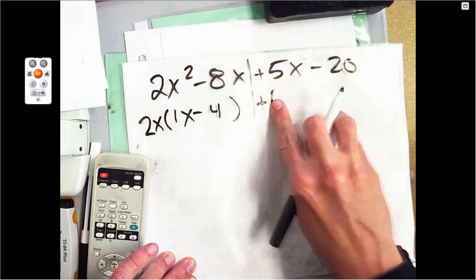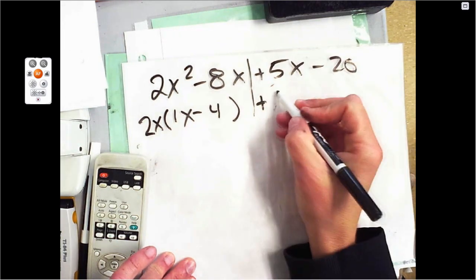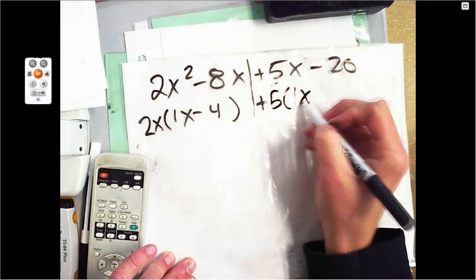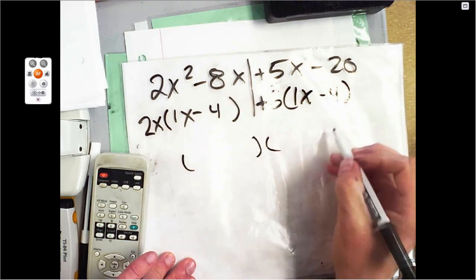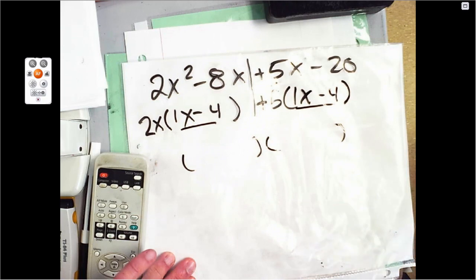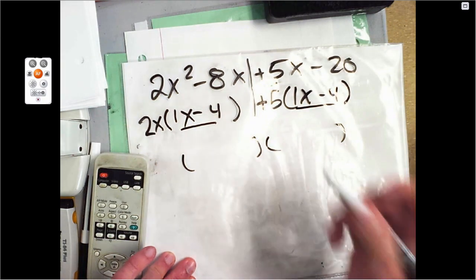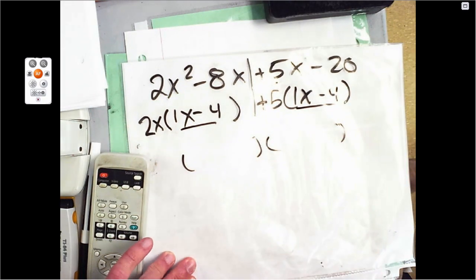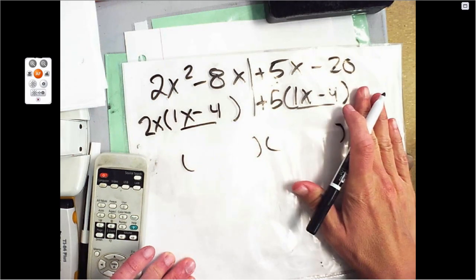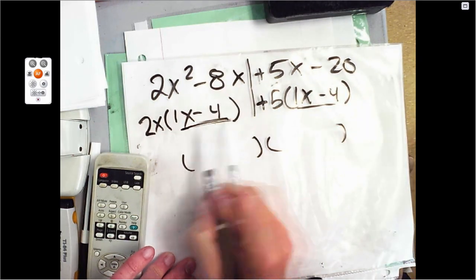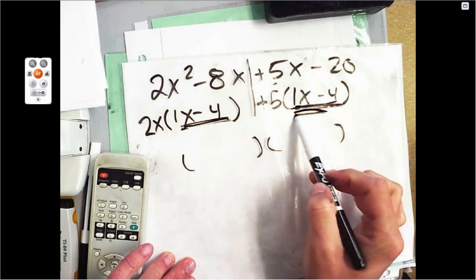So what goes into 5 and 20? 5 does. 5 divided by 5 is 1. Negative 4. So before I move on to my answer, just check. Is it the same? Yes, it is the same. So it's really up to you where you go from here. One set of parentheses is this. You can put it in the front.